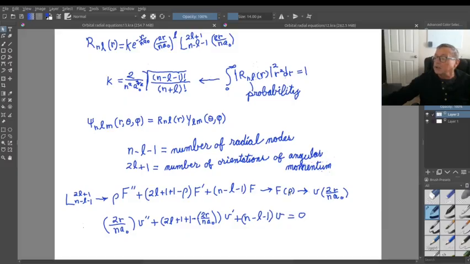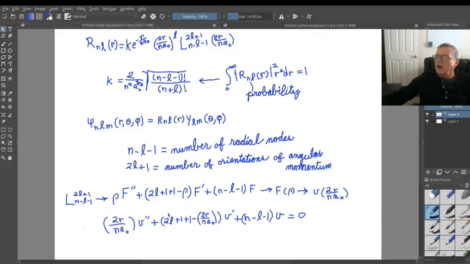This was a function of rho, and rho happened to be equal to 2r over na sub 0. So what I'm going to do is bring that back in and restate this equation as a function of 2r over na sub 0. So we don't want to lose all this information that's there.